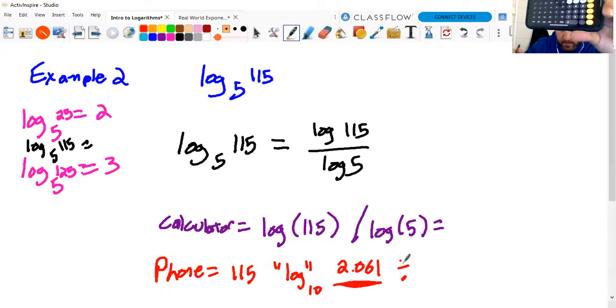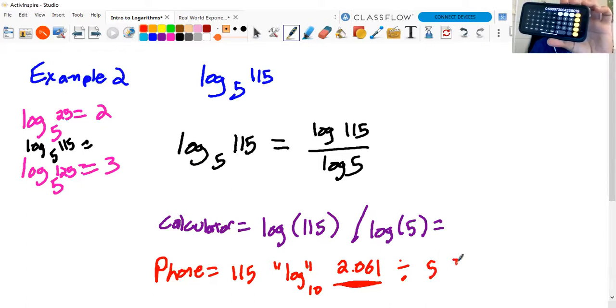Hit divide. So I'll come upper right-hand corner, hit divide. And then I'm going to hit all the way in the middle. There's my 5 log, which is 0.6989700. So we'll do 0.699 for 3 decimal spots.